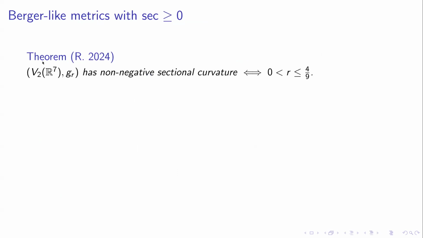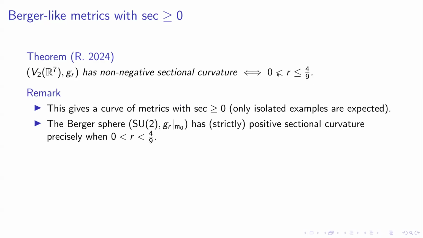The last result I will discuss is the following. These Berger-like metrics have non-negative sectional curvature in this range, with R between 0 and 4/9. This is interesting because they are not isolated examples. This is a curve of metrics with non-negative sectional curvature, and it is related, of course, to the Berger spheres with positive curvature.